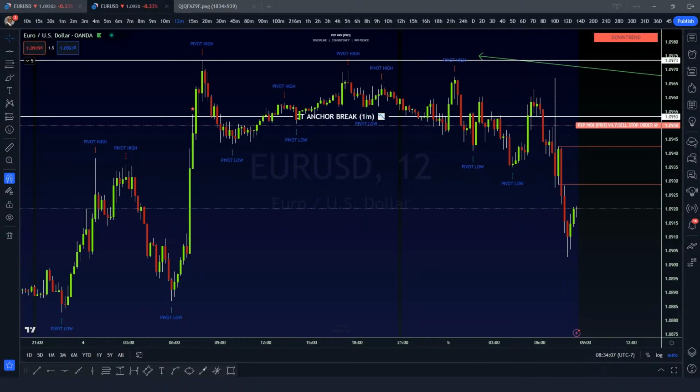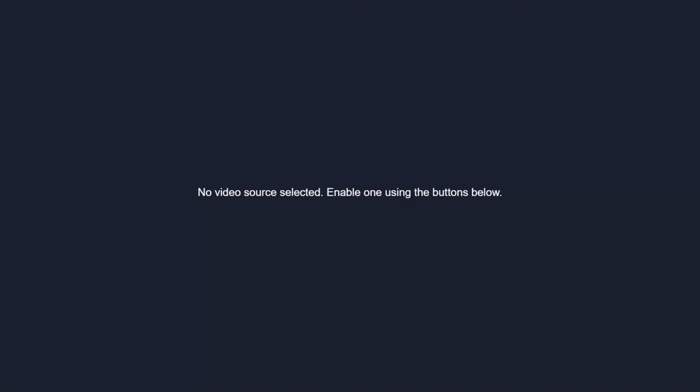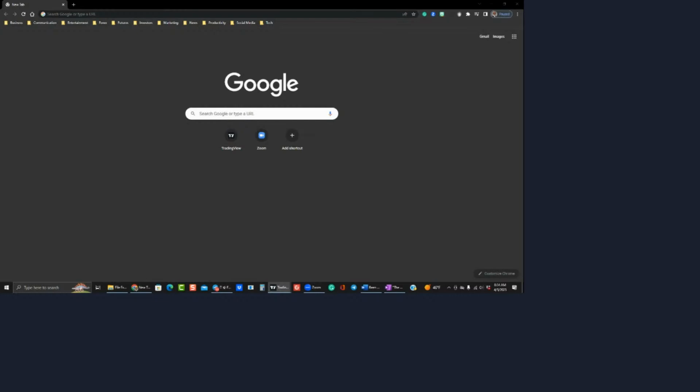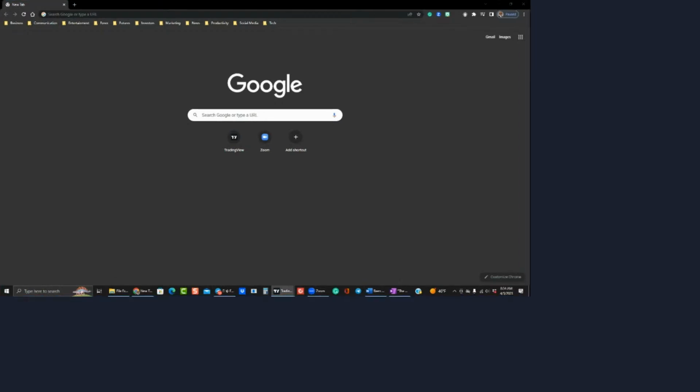I'm going to share my other screen here. All right, let me know if you guys can see this screen. Why does it look small? Is it full screen for you guys?